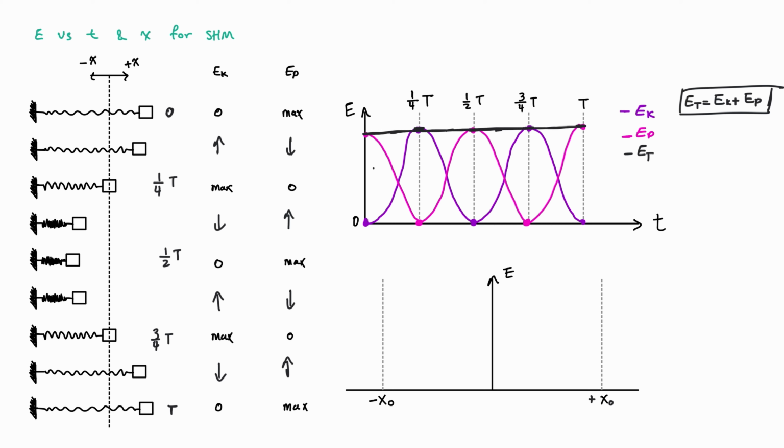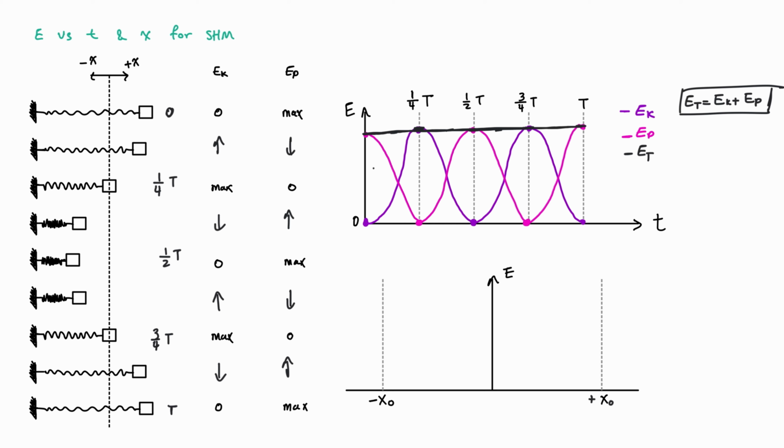So ET remains constant here because we're not losing any energy. So whenever there is a decrease in kinetic energy, potential energy increases. And whenever there is a decrease in potential energy, kinetic energy increases. And that would mean that kinetic energy is always converting to potential energy, and potential energy is always converting to kinetic energy.